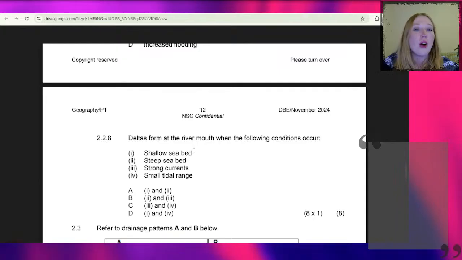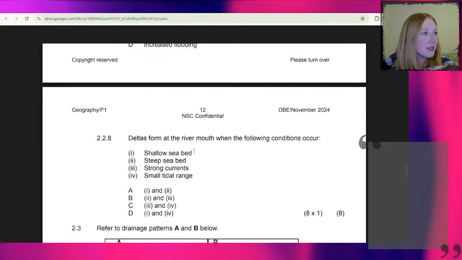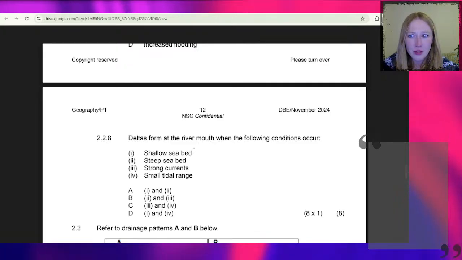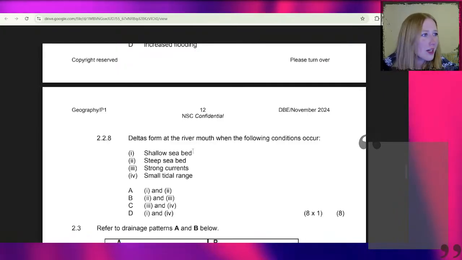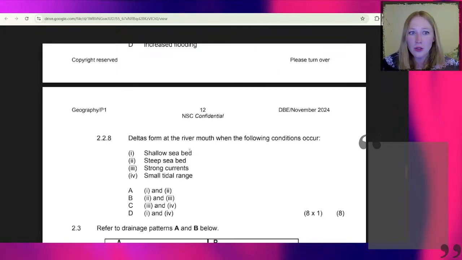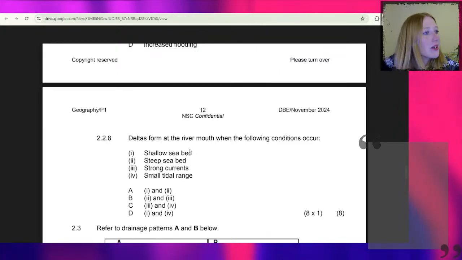Oh, I think they're implying that the ocean that the river flows into is not very deep. Then I think yes, shallow seabed, because then the river can deposit the material and it can build up really quickly. So that makes sense.